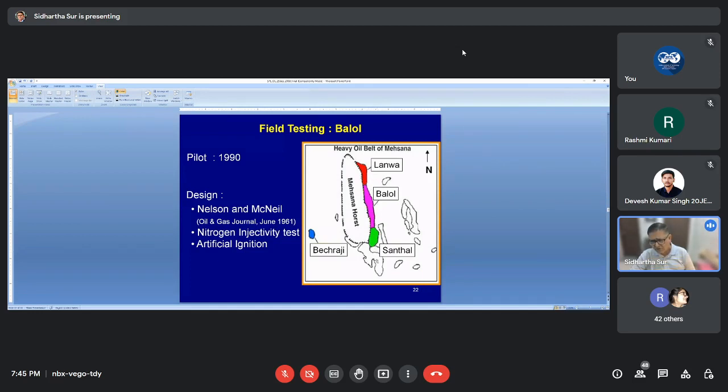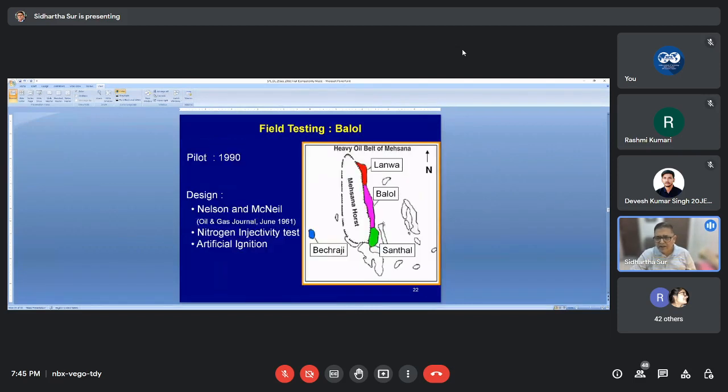Only the oil viscosity is changing from south in North Kari and Santal from 50 centipoise to 2000 centipoise in the north of Lanua. So in Santal you have 50 to 100, in Balol you have 100 to 1500, and Lanua from 1500 to 2000 plus. So oil viscosity is changing from south to north as we are moving ahead.